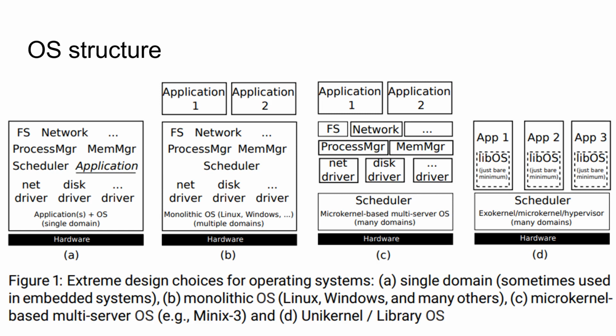This is a model that has become more popular in recent years in the area of what are known as unikernels, which try to do this typically on top of a virtualization layer, a hypervisor, where we have dedicated virtual machines that run just a single application, and that application links against some library operating system.